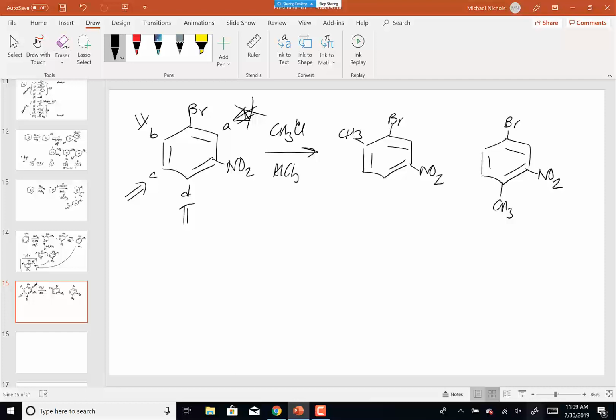And here's an important thing: are those the same product? No, and so those are two different products. What if they were the same? Then you would only need to write it once, or if you wrote it the second time, write an arrow saying same products. Okay, so I would get these two products as my major product.